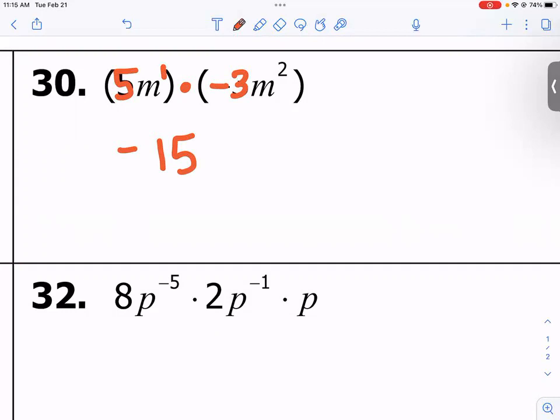So if I have m to the 1st, maybe I'll just highlight this in another color, m to the 1st times m to the second, then when we're multiplying, then our exponents get added. So they had parentheses just to separate that negative out. So if you write parentheses, I'm not going to be upset, but they are not necessary.